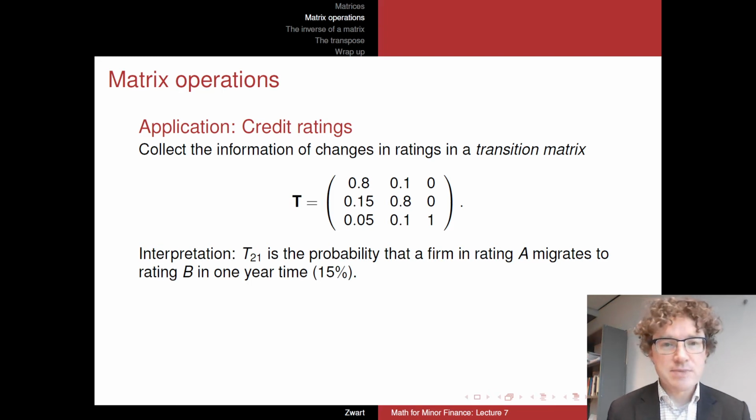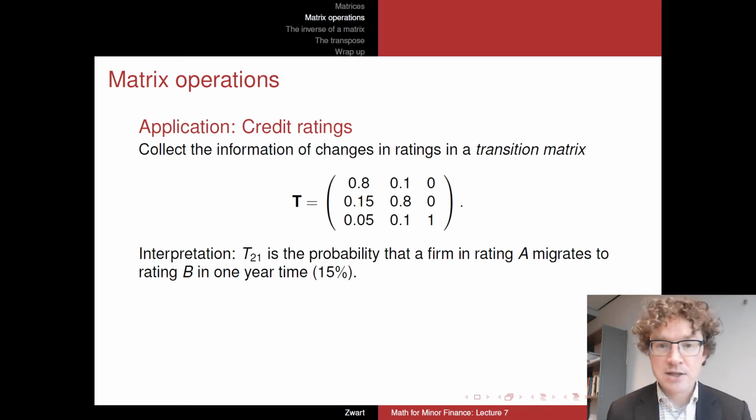How should we read this matrix? Bold capital T. Well, if you look at the different columns, they will denote the probabilities of going to any other class of rating. So the first column in particular will be what is your transition probability if you start out in the A rating class? What is your transition probability of remaining in the A rating?